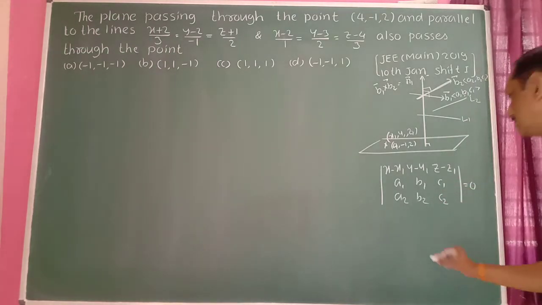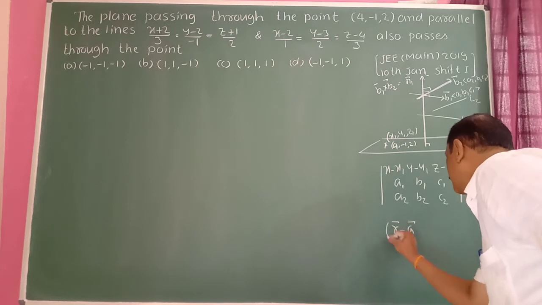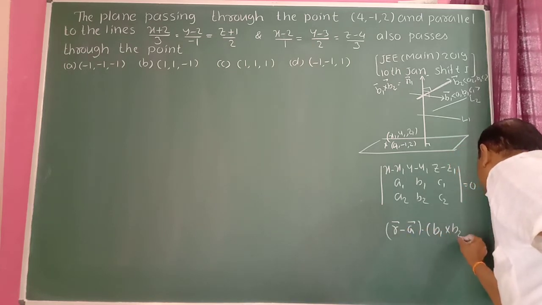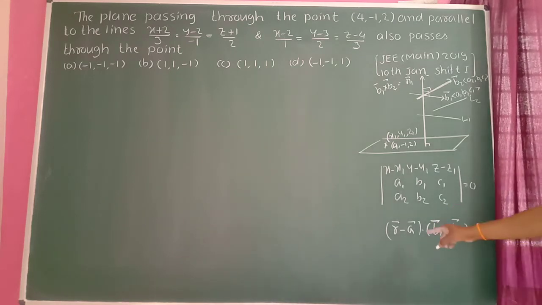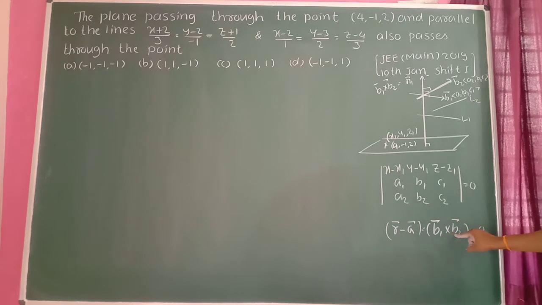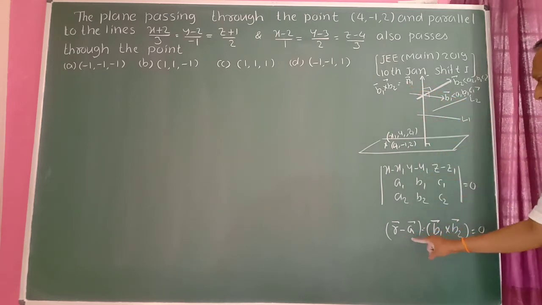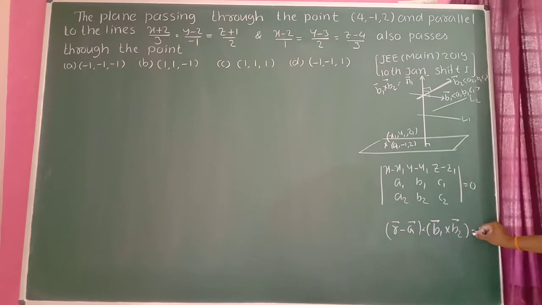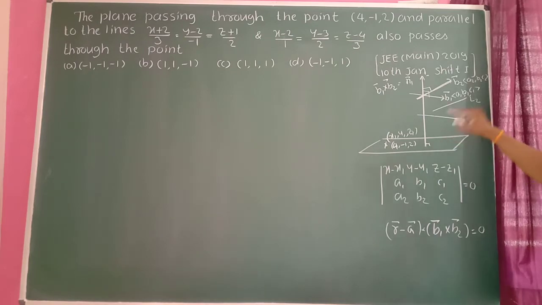In vector form, (r bar minus a bar) dot (b1 cross b2) equals 0. Here b1 cross b2 is n bar, so (r bar minus a bar) dot n bar equals 0. We use this formula to find the equation of the plane.